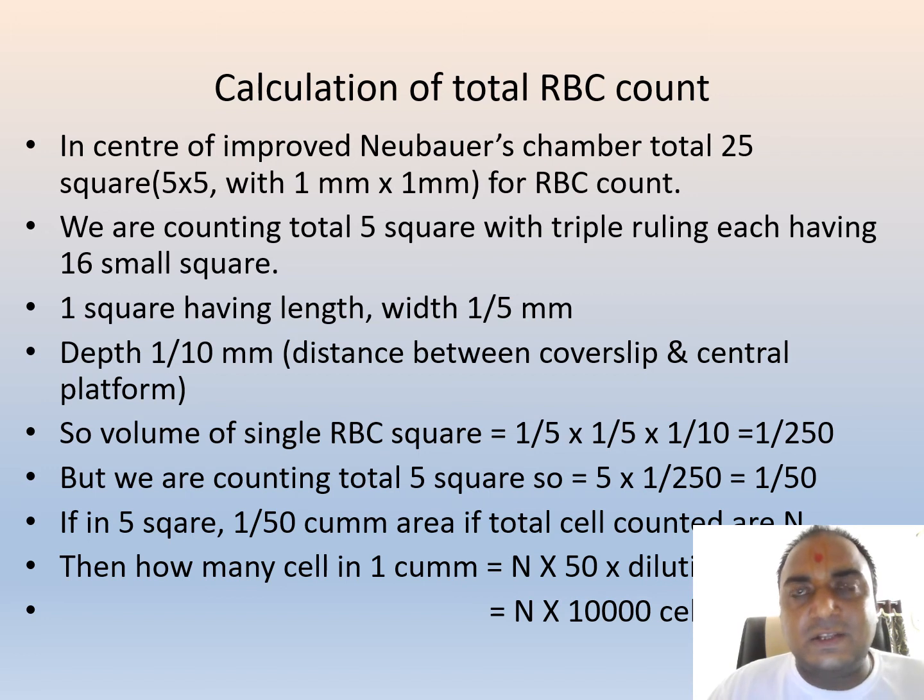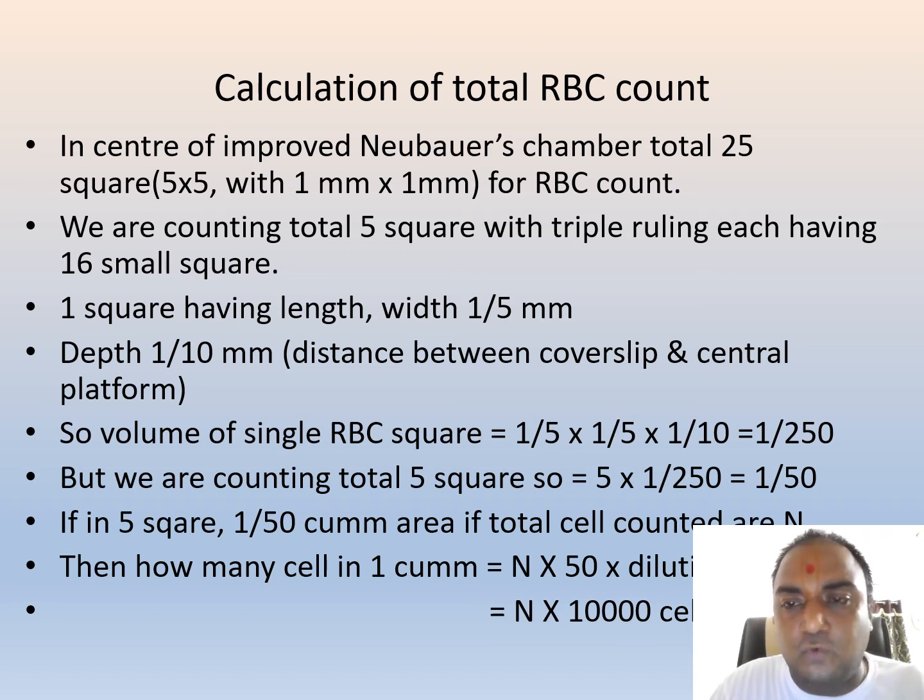If the total number of cells counted in this 1 upon 50 cubic millimeter area is n, then the number of cells in 1 cubic millimeter will be n into 50, multiplied by the dilution factor for the final calculation.